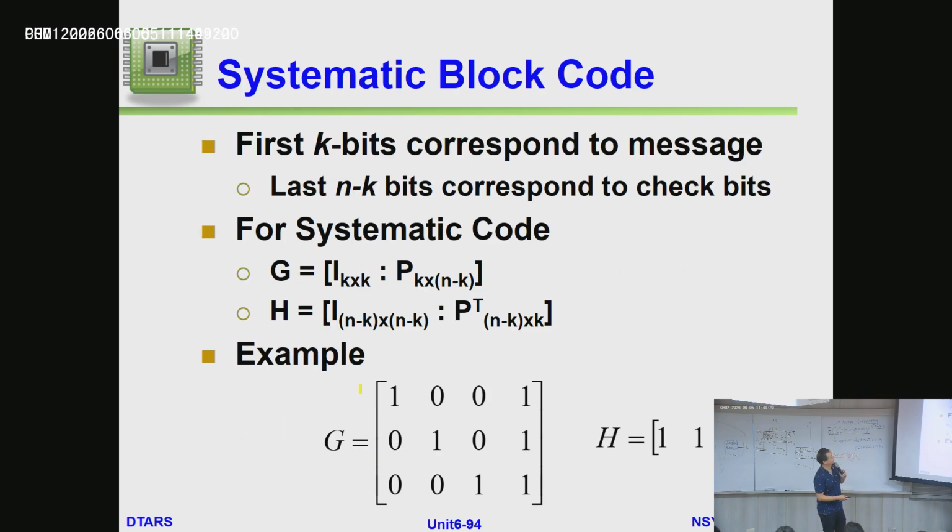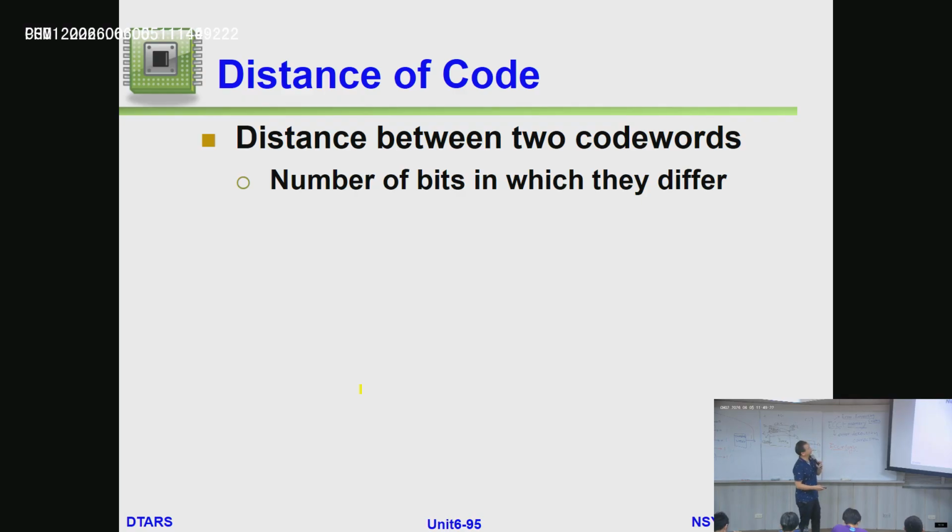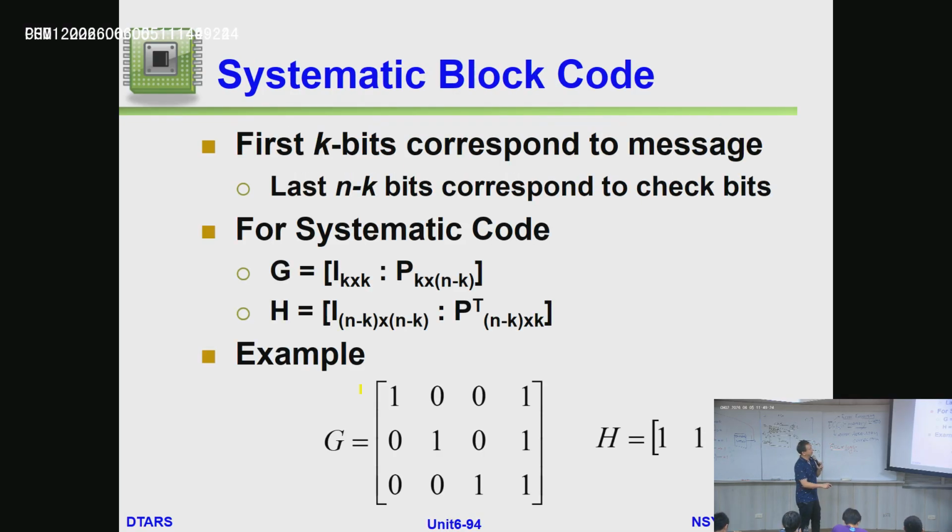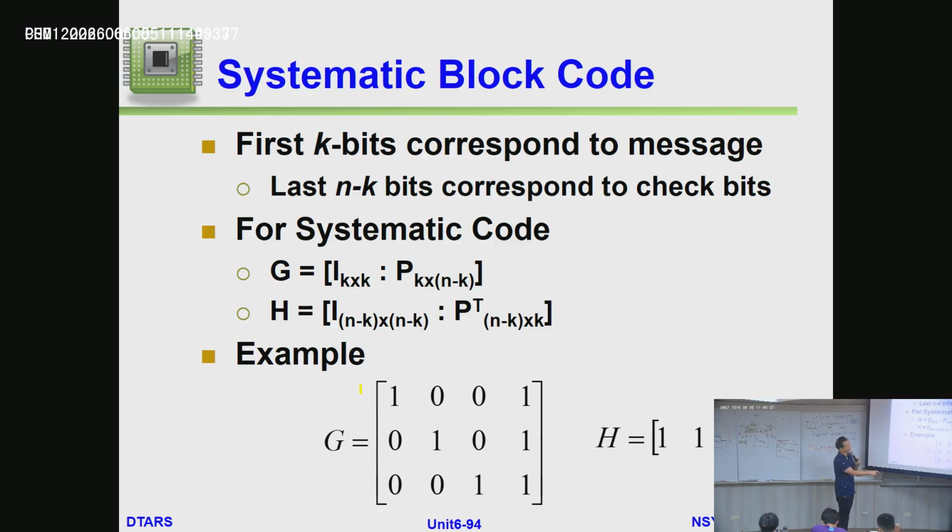Okay, let me give you an example here. This is the generator matrix. Let's assume that you have a 3-bit output from your circuitry. Then this 3-bit output will be multiplied by this generator to generate a code word. And for this generator, the parity check matrix is like this one.